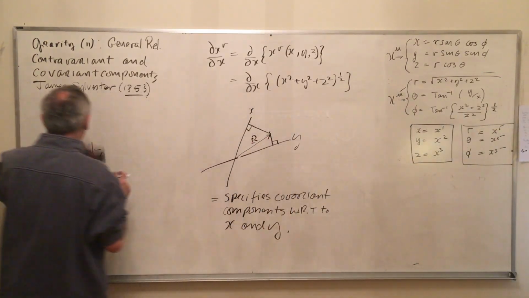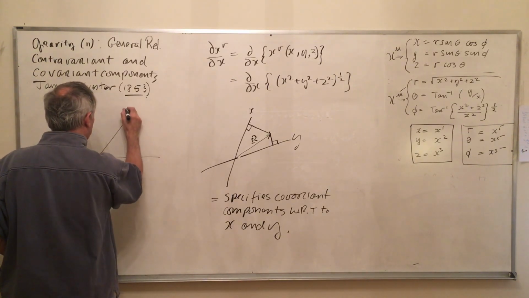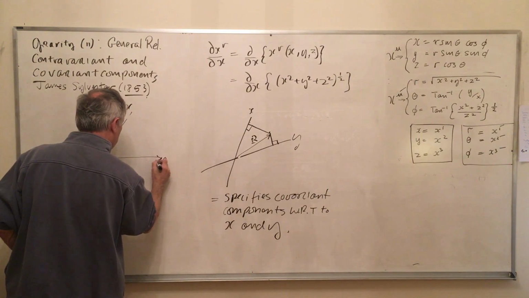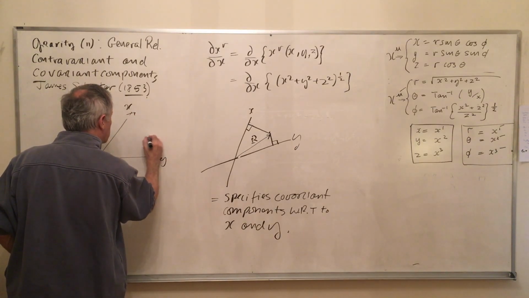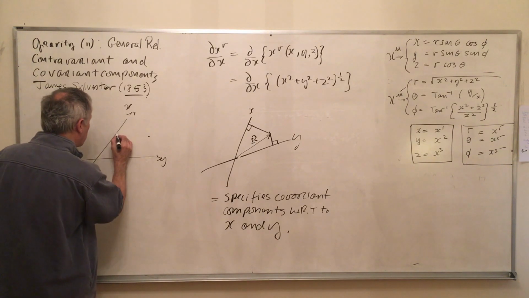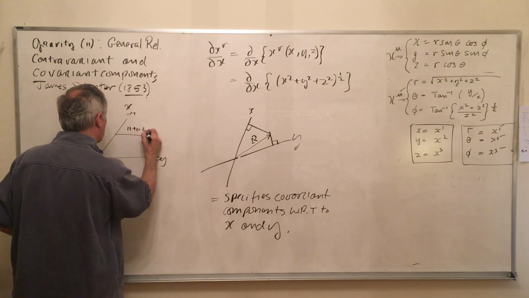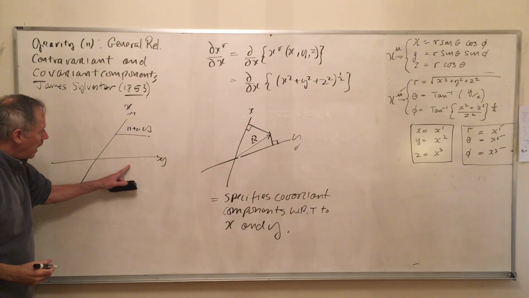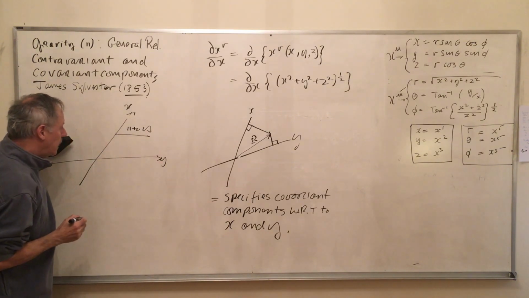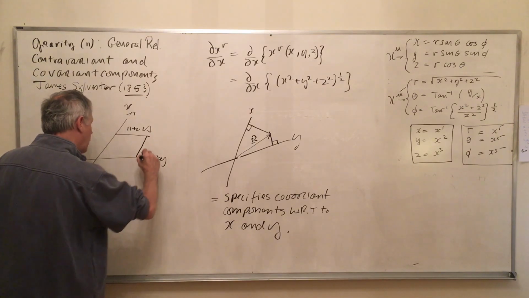Let's take the same two coordinates over here. And let's take the same point. Let's specify it in a slightly different way. I can measure a line using a coordinate line parallel to y and another one parallel to x.